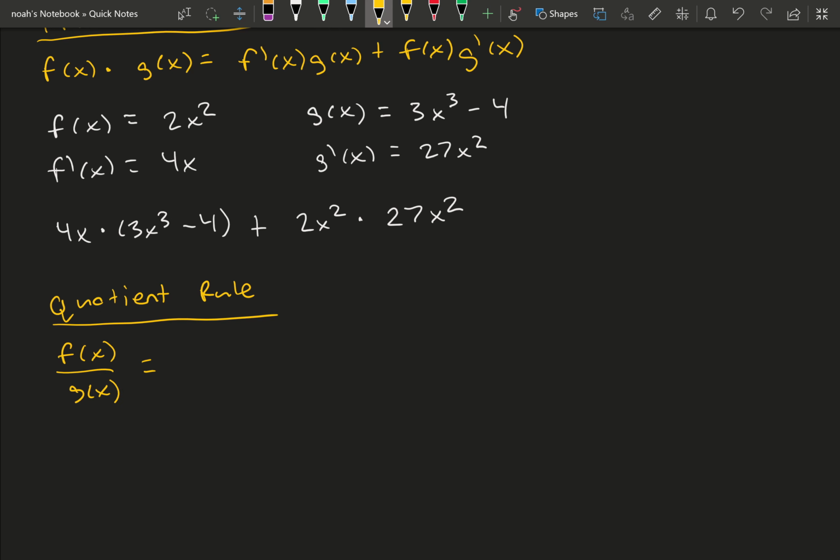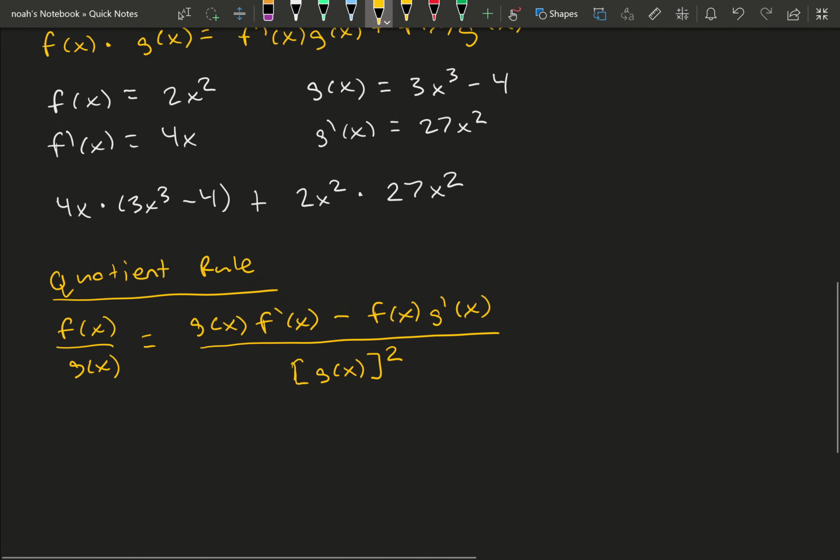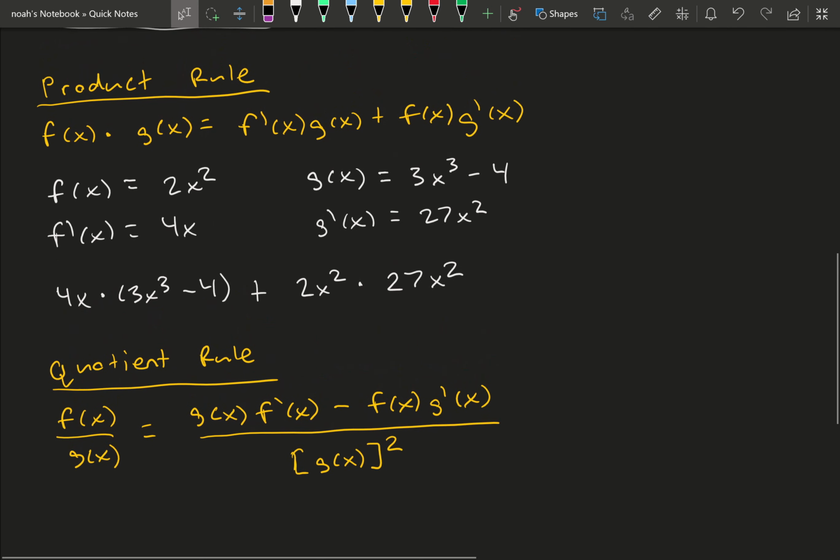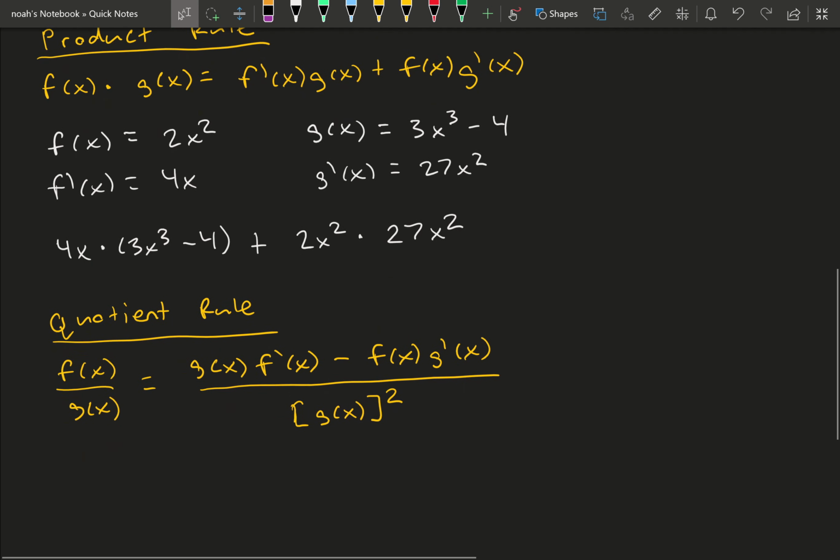The derivative of that would be g of x f prime of x minus f of x g prime of x over g of x squared. And then you can compute that similarly to the example in the product rule.